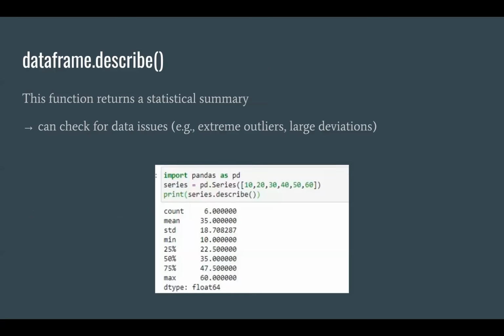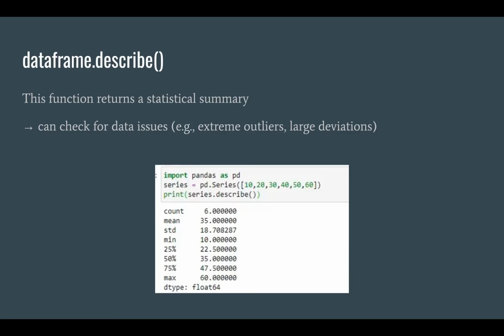Data frame describe. So now let's move on. If you want to check the statistical summary of each column to learn about the distribution of data in each column, you want to use this, and what can these statistical metrics tell?